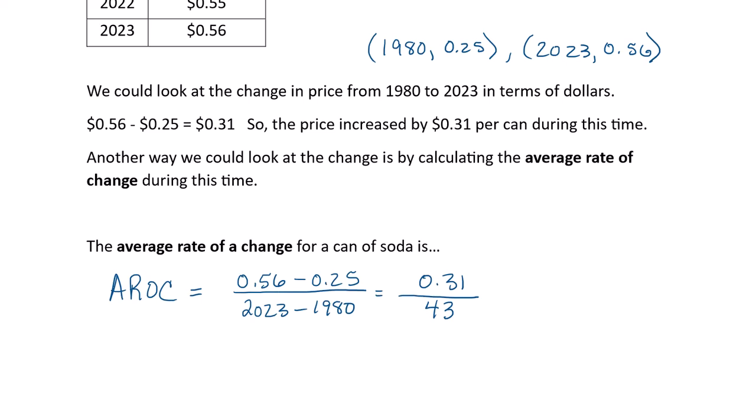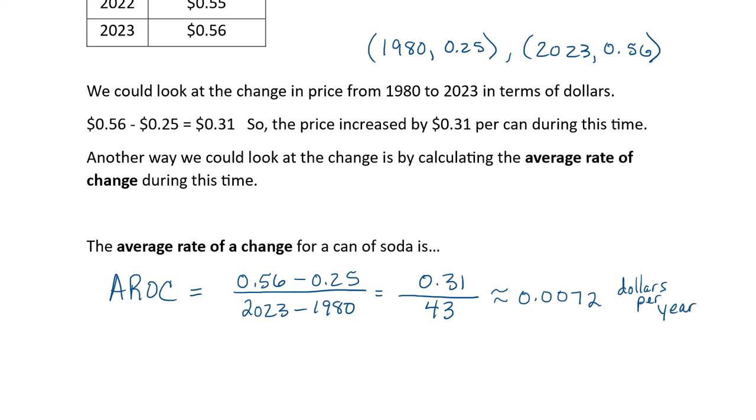And I can put that into the calculator and divide, and I get approximately 0.0072. And so this is the amount of change in price per year. So this is in dollars per year for the average rate of change.